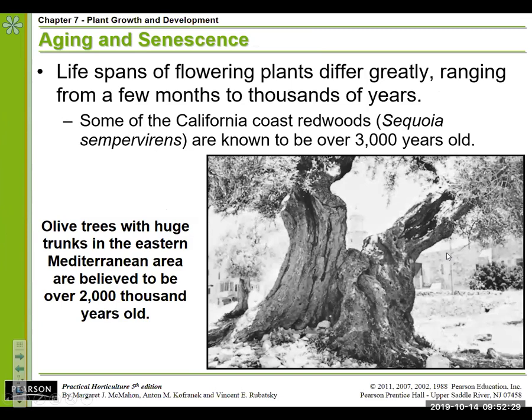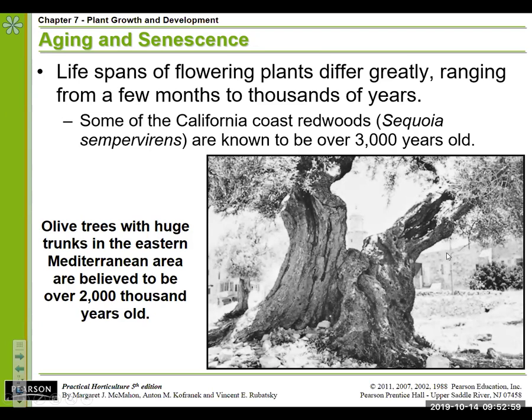So back to the lifespan of plants, we mentioned some plants can be extremely old. There are all kinds of different lifespans in our crops. Some range from just a few months in age, one growing season, till they go through maturation and develop seed and then die in our annual plants, to, in some cases, thousands of years.